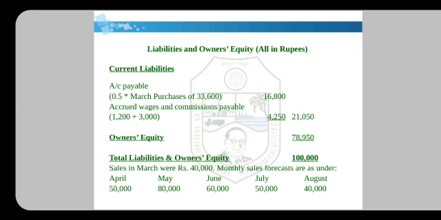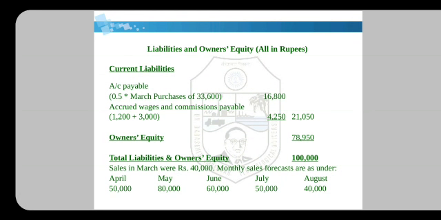Accrued wages and commission payable is 1,200 plus 3,000, which is 4,250, and the total 16,800 plus 4,250 equals 21,050. Owner's equity is 78,950. So the total liabilities and owner's equity is 21,050 plus 78,950, that is 1 lakh.